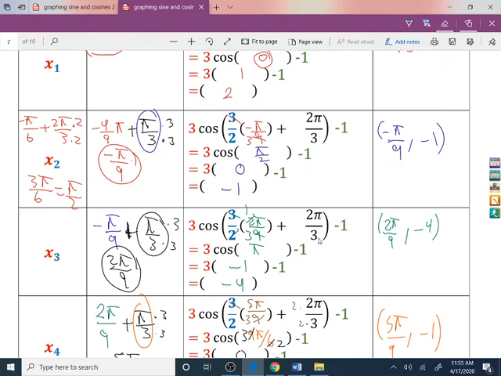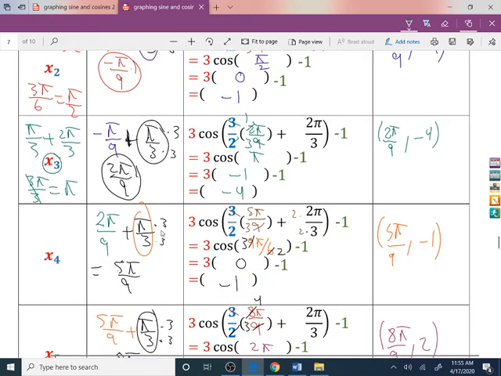This is pi over 3. You see this guy, pi over 3 plus 2 pi over 3, which is 3 pi over 3, which is pi. Then cosine pi is negative 1, 3 times negative 1, then negative 3 minus 1, negative 4.